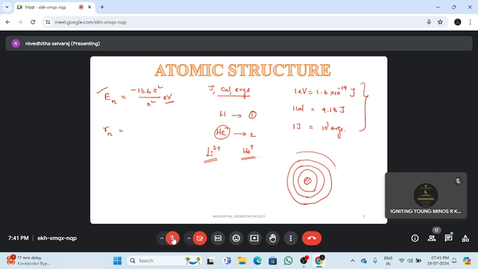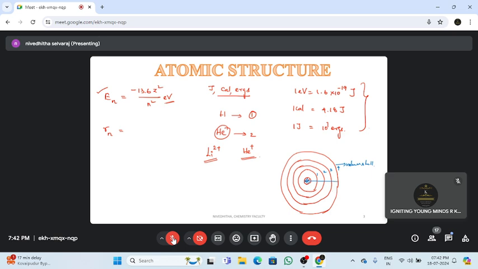The outermost shell is called the valency shell. For example, this is the structure of an atom and this is the nucleus. This is the first shell, this is the second shell, this is the third shell, and this is the fourth one. Let us say this fourth shell is the outermost shell, then that is called the valency shell. So, the distance between the center of the nucleus and the valency shell is the radius of the atom.